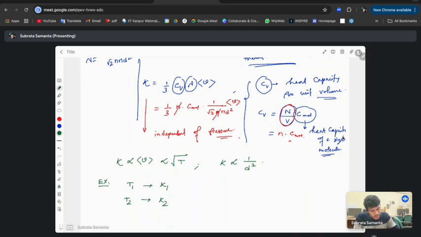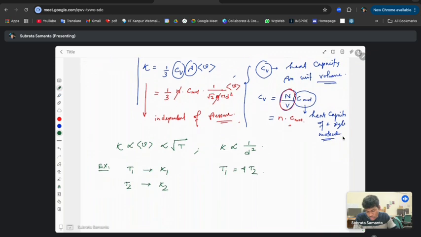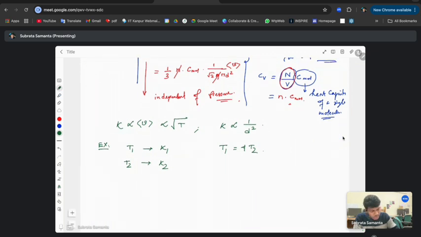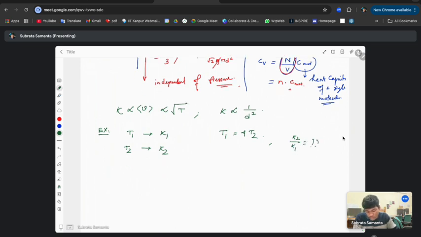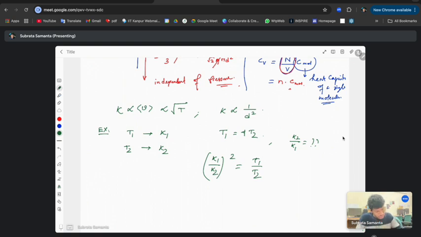Given that T1 over T2 is 4, what is the value of kappa 2 by kappa 1? Since kappa is proportional to the square root of T, kappa 1 over kappa 2 squared is T1 over T2, which is 4.